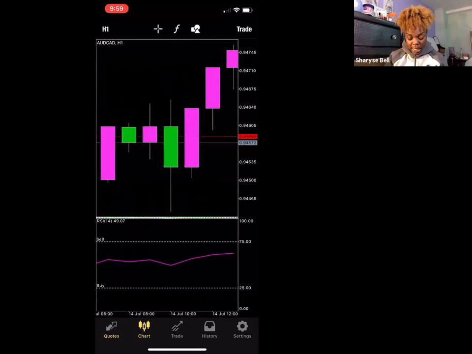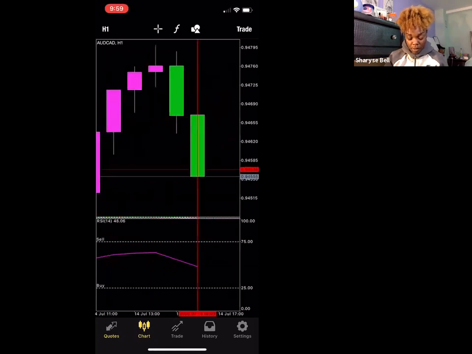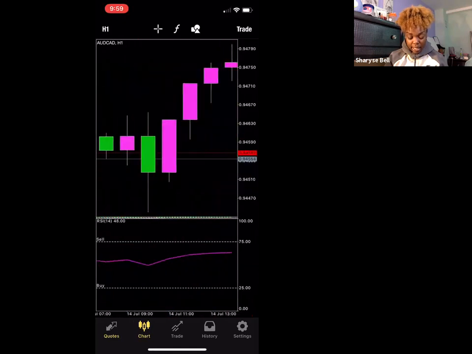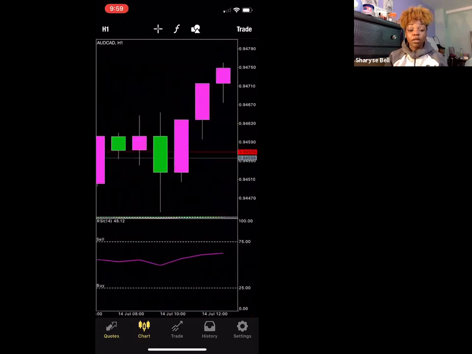So understand that until the candle is closed, anything can happen, right? Until the market is closed, anything can happen, all right? But once the candle is closed, it will never, ever reopen again, all right?